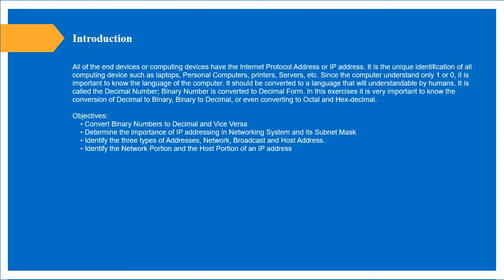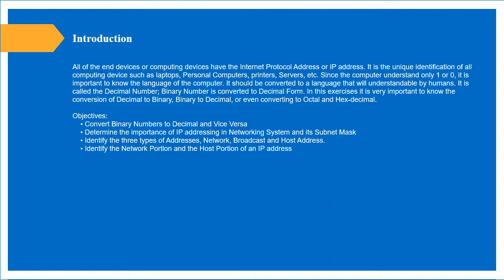It should be converted to a language that will be understandable by humans, called the decimal number. Binary numbers are converted to decimal form. In these exercises, it is very important to know the conversion of decimal to binary, binary to decimal, or even converting to octal and hexadecimal.